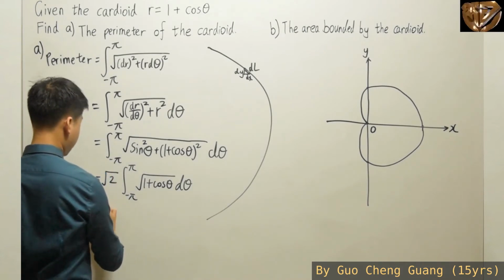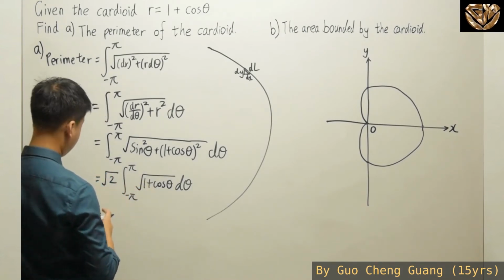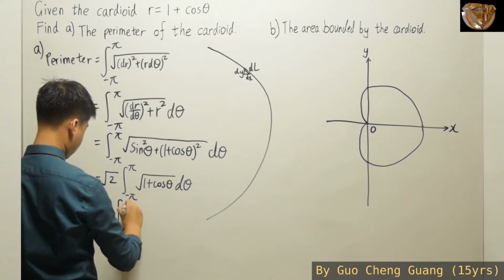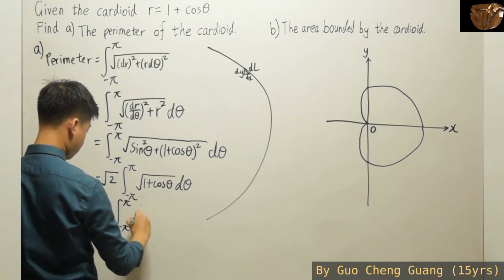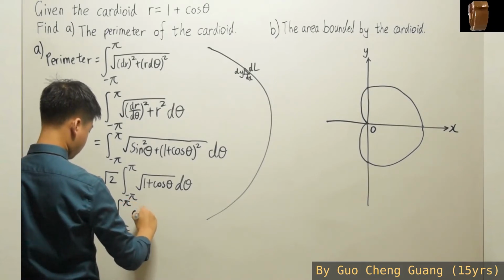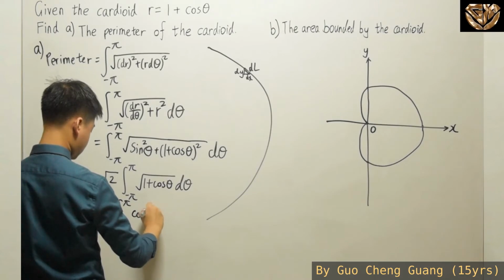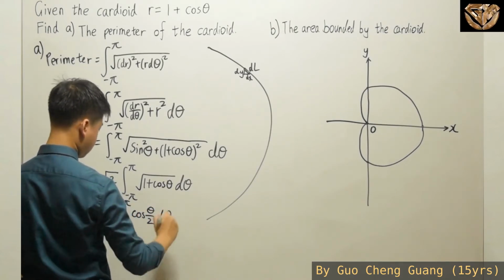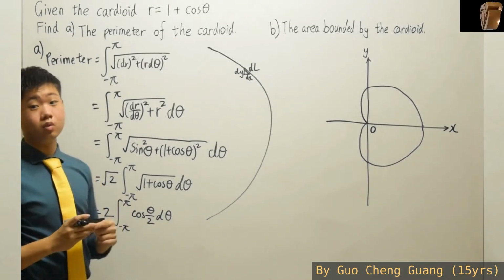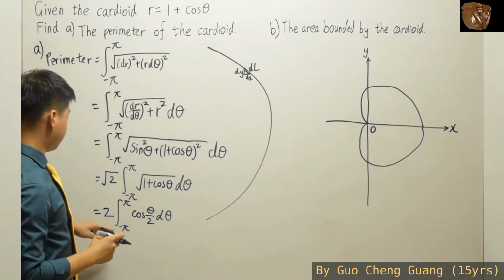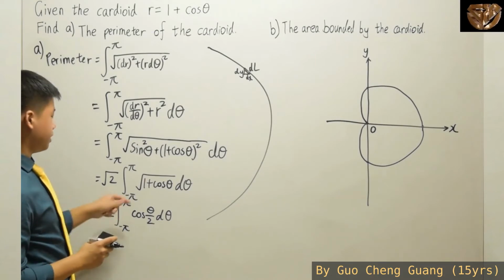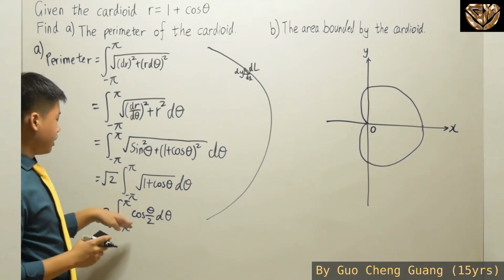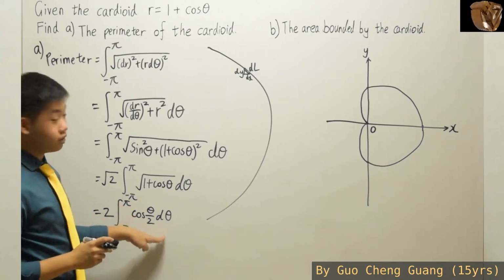So this is what you're going to get. You have now a 2, since there'll be a square root 2 that comes out, then integrate from negative pi to pi, cosine theta over 2 d theta.